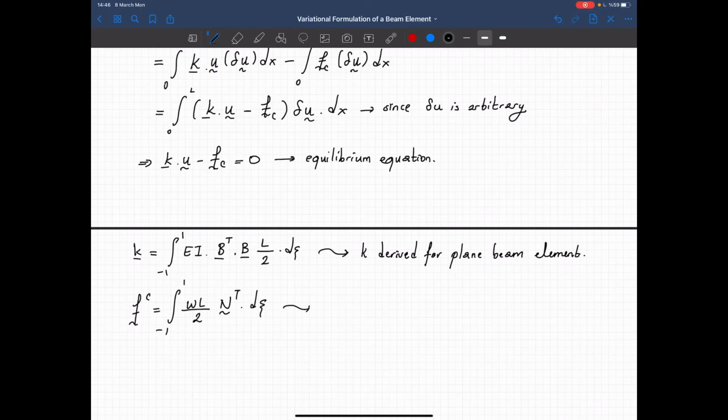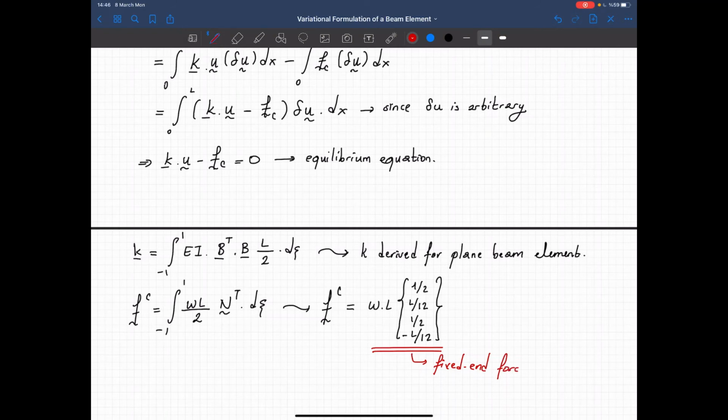And when you evaluate that consistent load vector, we obtain the following: W times L times 1/2, L/12, 1/2, minus L/12. So as you see, this vector is nothing but our fixed end force vector. So we obtain the same coefficients as we did in the fixed end forces.